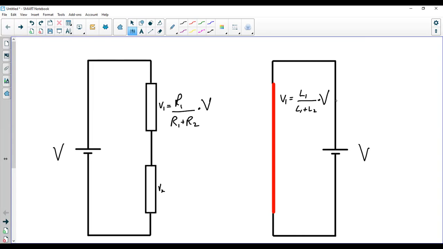What does this mean? If I connect a voltmeter in this circuit across this resistance, that voltmeter gives me a reading.